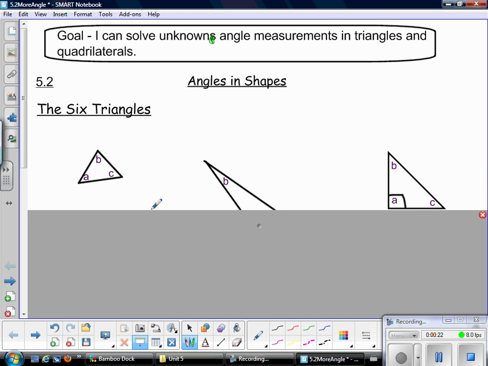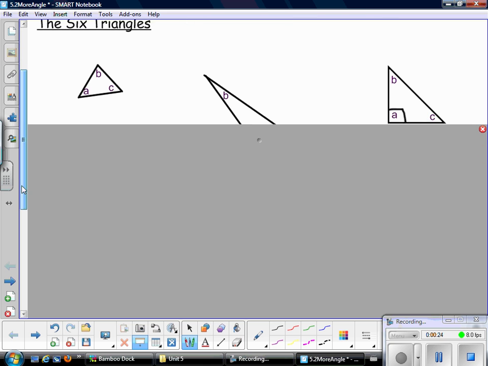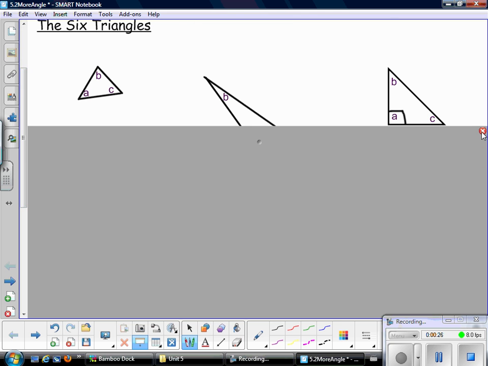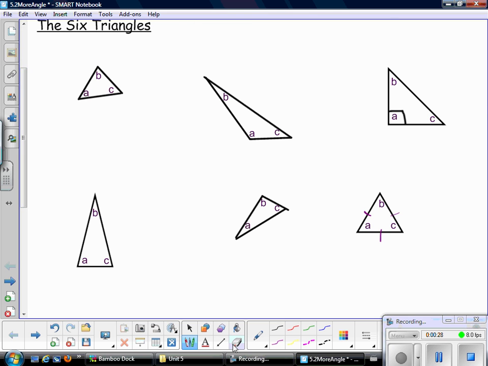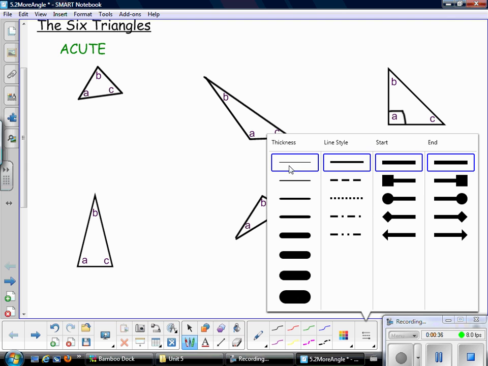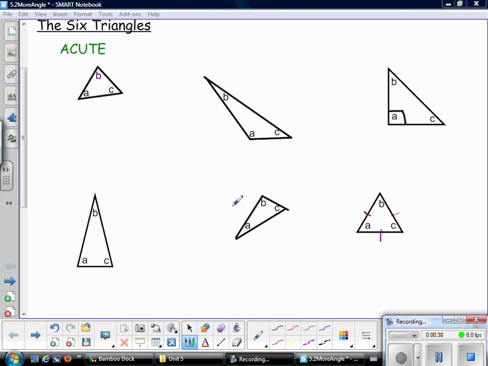First of all, there's 6 different kinds of triangles that we want to look at. Now these triangles you've seen before. The first one is what we call acute. What it means by acute is that the angles are actually less than 90 degrees.